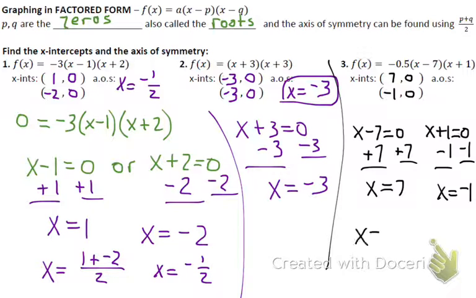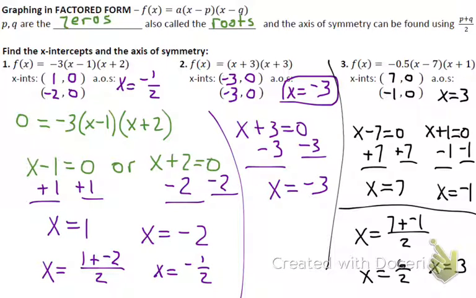If you average those together, 7 plus negative 1, you get 6, divided by 2, you get 3. So this time we see an axis of symmetry at x equals 3. So these factored form quadratic equations emphasize the roots, or you can say the zeros, the x-intercepts.